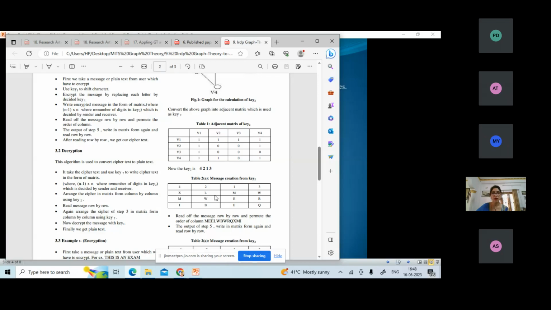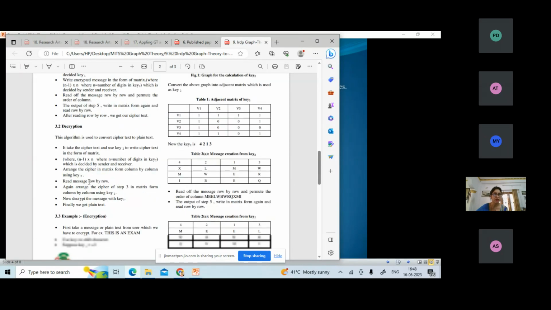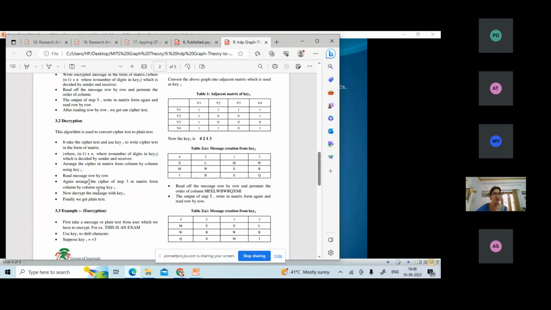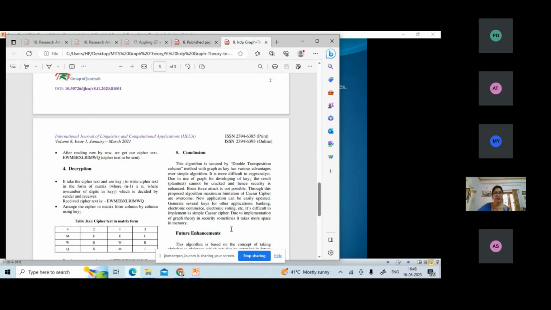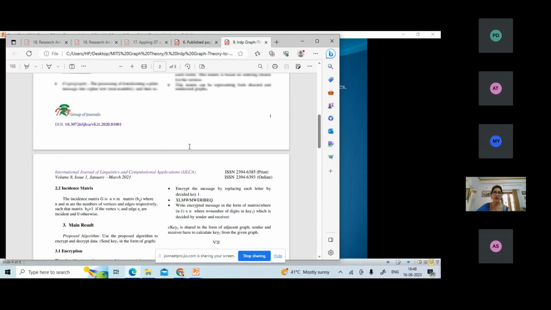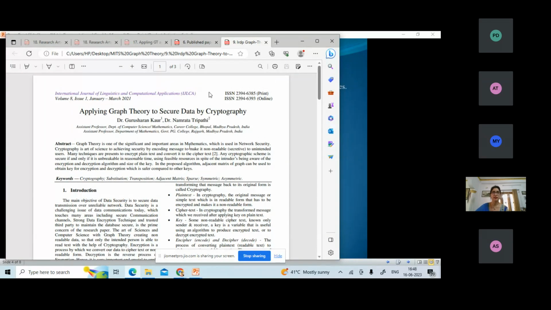Cryptography is a procedure of encrypting and decrypting data, with encryption and decryption algorithms and theorems. This is my interesting paper. If you read it, you will find something new.